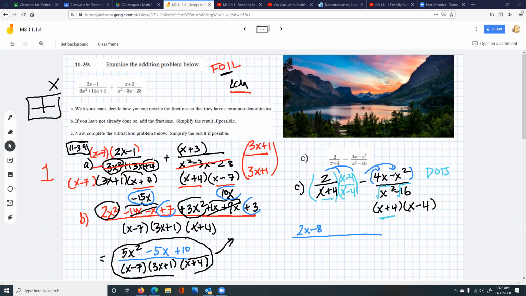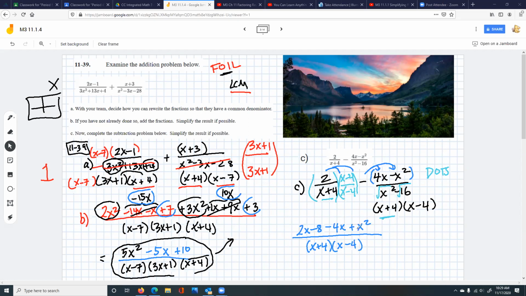That's going to change this to positive, because most people are going to say, oh, this is minus 4x. But then a lot of people aren't going to change this negative times negative to positive x squared. A lot of you are going to put minus x squared, and you're going to get it wrong. You have to distribute the negative to everything up here, and that changes that negative to a positive. The bottom is just going to be x plus 4 times x minus 4.